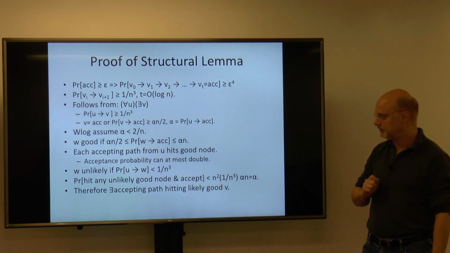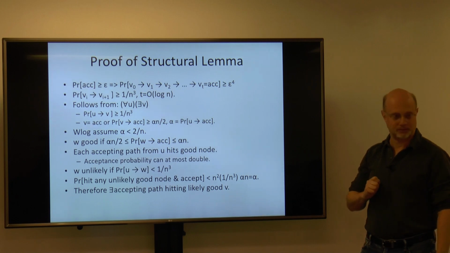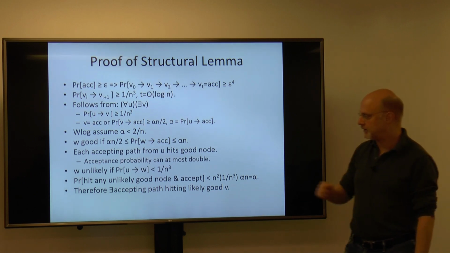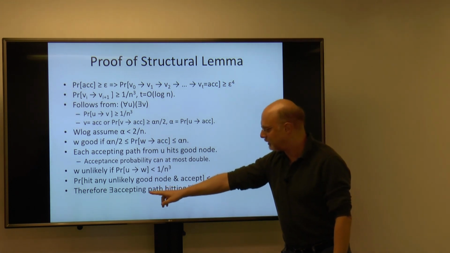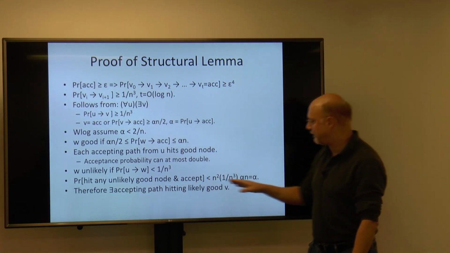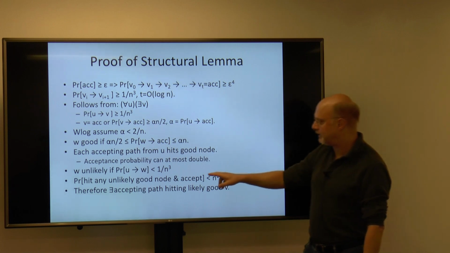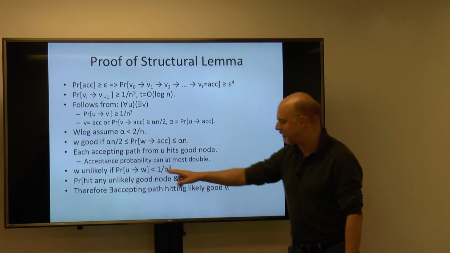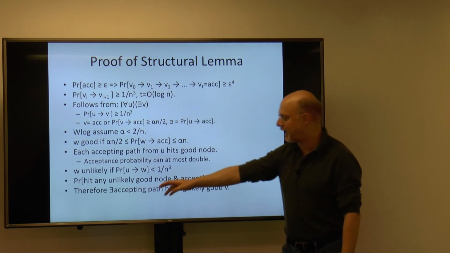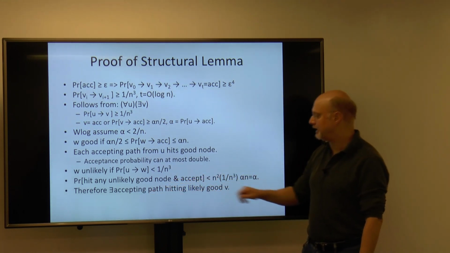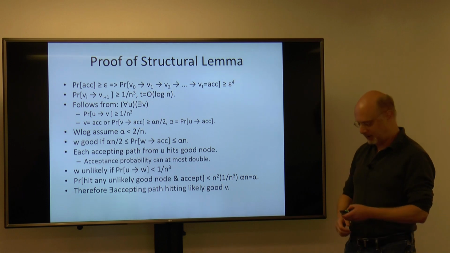Okay. So the probability of accepting is alpha. The probability of passing through an unlikely good node and accepting is less than alpha. So that means there has to be a path that hits a likely good node, and that's it.